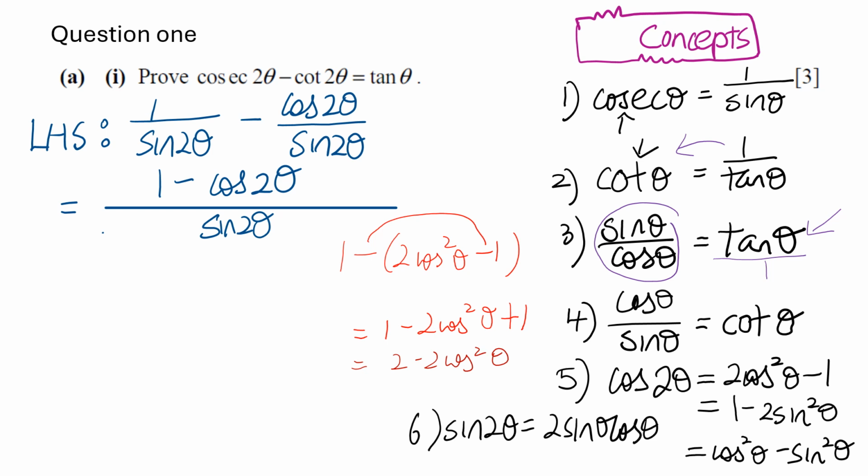Right now I have 2 terms, I have 1 and then cos 2 theta. So what I want to do is make it such that maybe it becomes one term. So substituting cos 2 theta with 2 cos squared theta minus 1 doesn't work at all. Alright, so we don't use that. Then how about the last one? If I were to substitute the last one, do you think it will work?